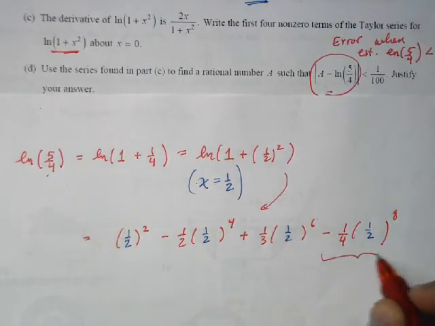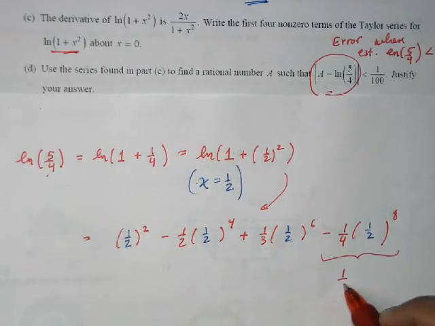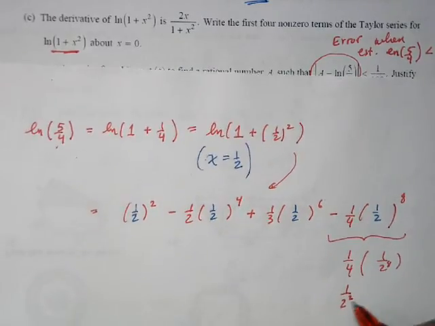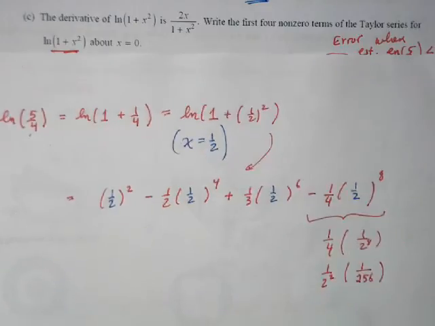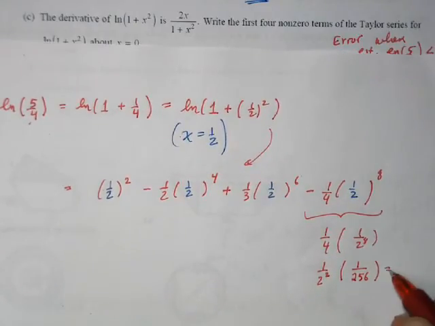And so if you look at these terms, well, let's see. What is this term really equal to? Well, that's 1/4 times 1/2 to the 8th, which is 1/2 squared times, and 2 to the 8th is 256.